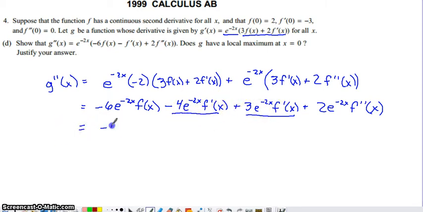So if I go ahead and write out a new line, I get minus 6 e to the negative 2x times f of x. So the first term stays the same, but I combine these 2 like terms, and I'm looking at minus 1 e to the negative 2x times f prime of x. And then the last term is going to stay the same. It didn't have any terms that we could combine with it.